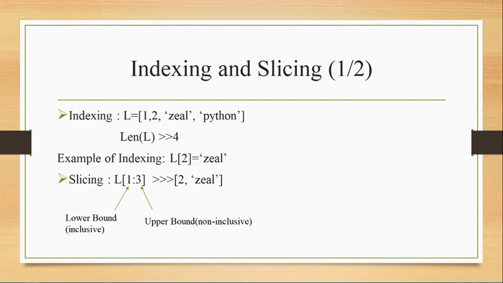Slicing gives the entire section of the list whose indexes are mentioned. If you can see here in the list, 2 indexes are mentioned. The first one is the lower bound, the other one is the upper bound. The lower bound is always inclusive and the upper bound is non-inclusive.